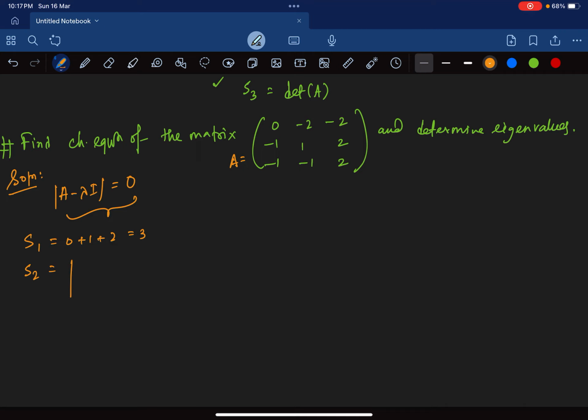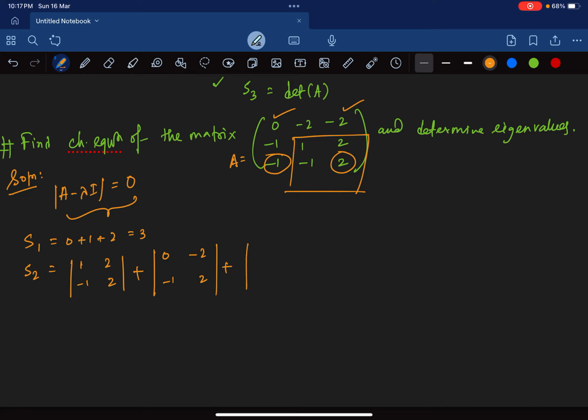S2 is what? First this part 1, 2, -1, 2 plus next part 0, -2, -1, 2 plus next this part you need to take 0, -2, -1 and 1.